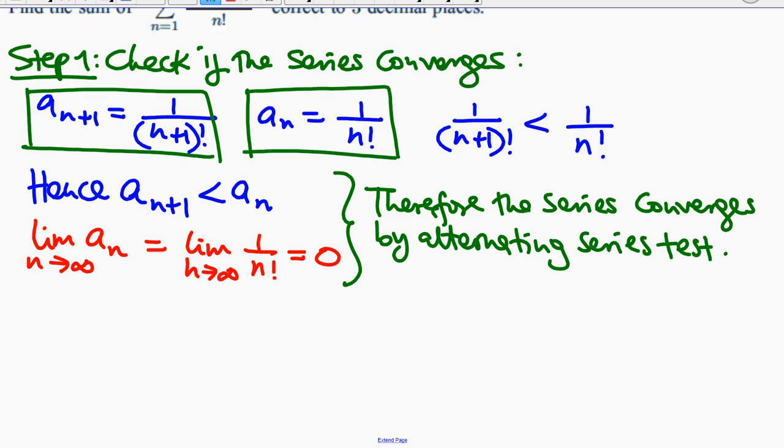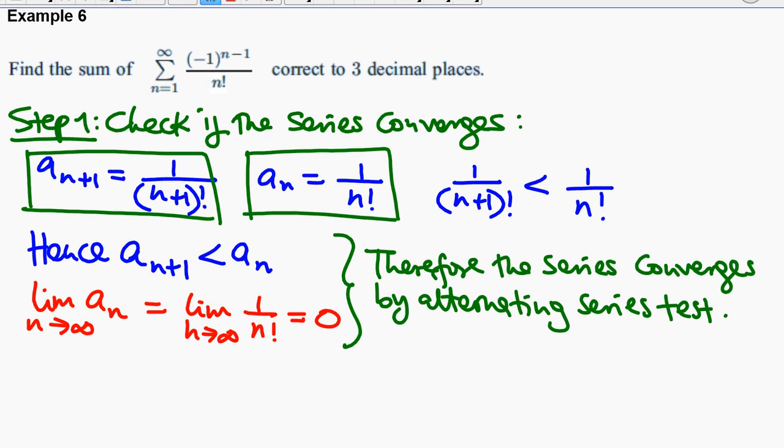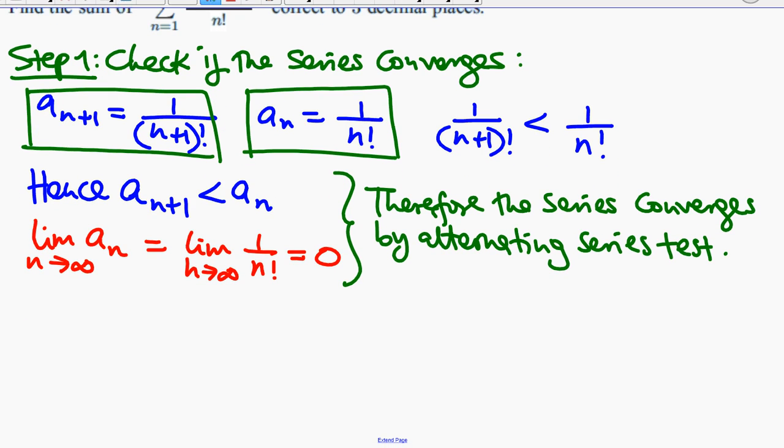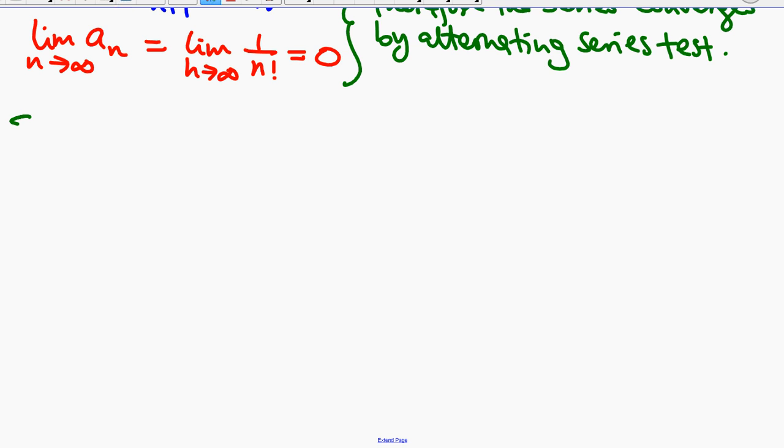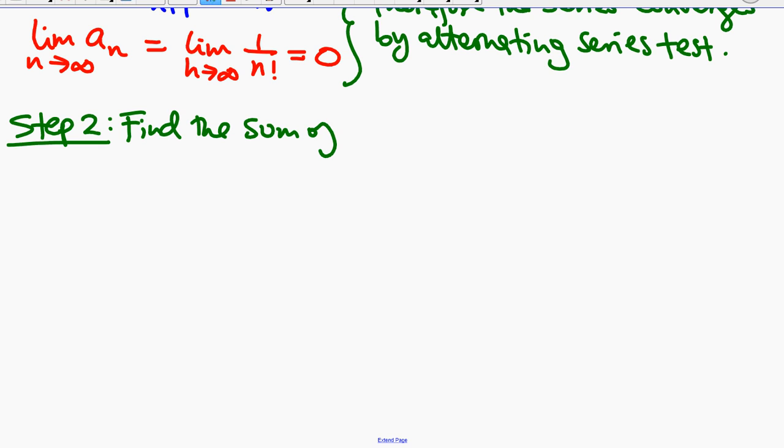Now that we know that this series converges by alternating series test, we can go ahead and try to find the approximation of the sum, in this case, correct to 3 decimal places. So that will be our step 2. Step 2, we are going to find the sum of the series correct to 3 decimal places.